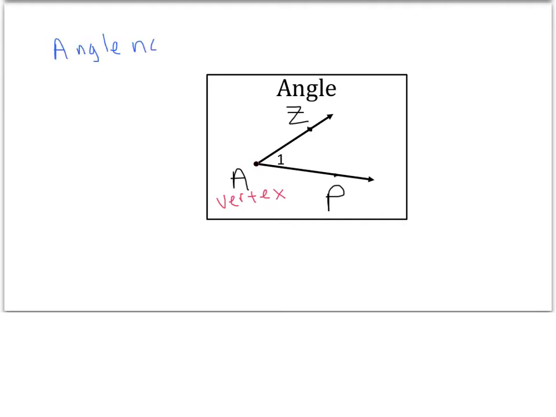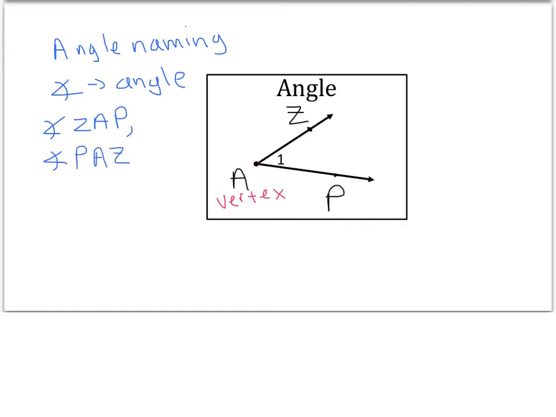Now let's name this angle. Angle naming. Let me just say that this symbol means angle, so when you start seeing this, that's the symbol for angle. So we can name this angle angle ZAP, angle PAZ, angle A, and angle 1.